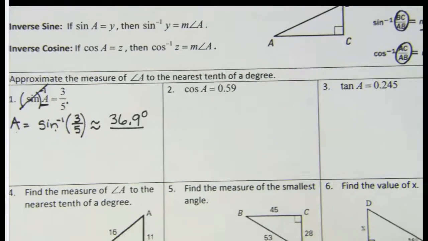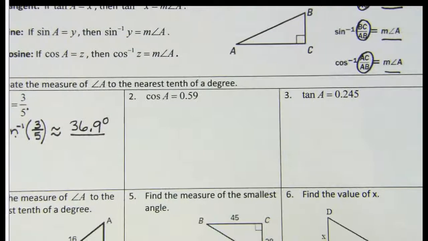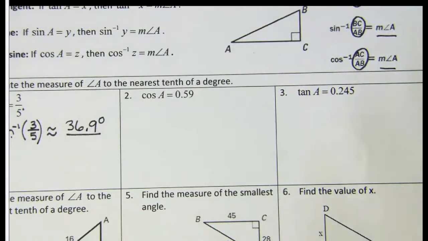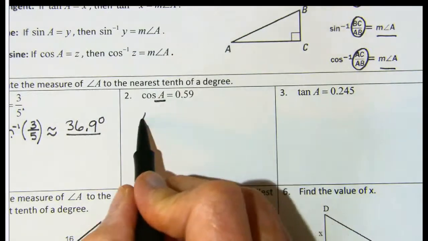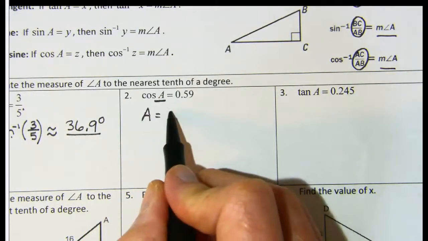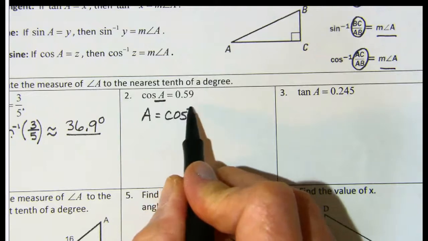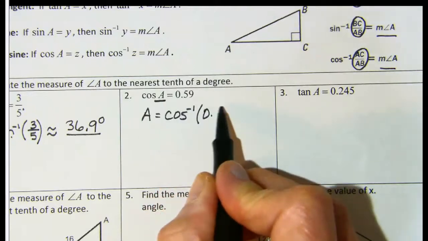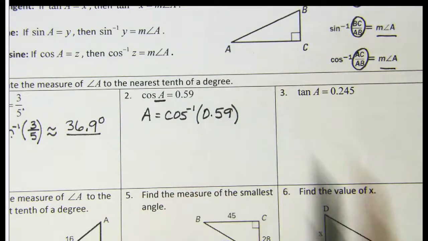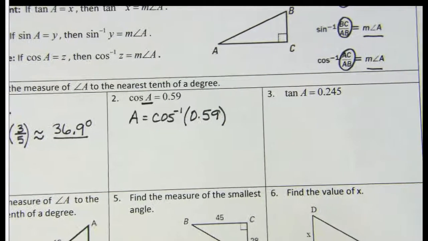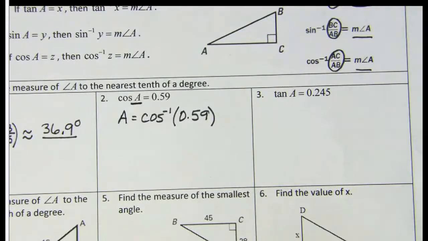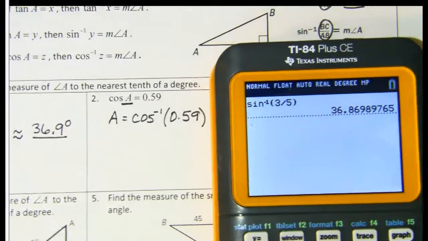So now let's look at the cosine A equals 0.59. Now again, we are solving for this angle A. To get rid of cosine, we do inverse cosine, and we have to do it to this side here. So A equals cosine -1, and then the 0.59. So we turn to our calculator again.